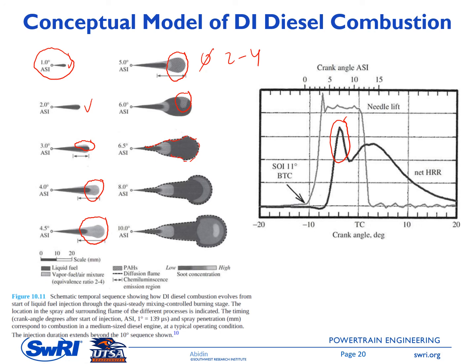So this is the diffusion flame, and then later you see a bigger spray, and it's still surrounded by diffusion flame. And if I look at the right side, this one is the diffusion flame.